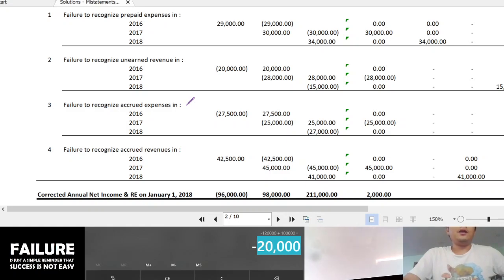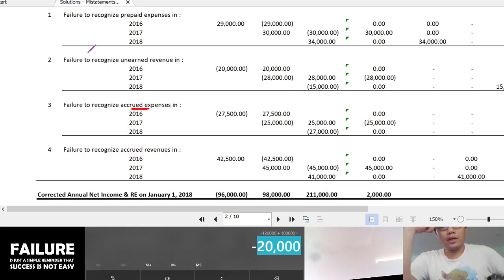Ang maling nangyari, if we fail to recognize that, is that dapat, although hindi mo pa siya binayaran during the year, is that expense mo na siya, di ba? Kaya nga may concept tayo ng accrual, di ba? The point is, dapat nag-recognize ka ng accrued expense. Recognize the expense when incurred regardless of when paid.